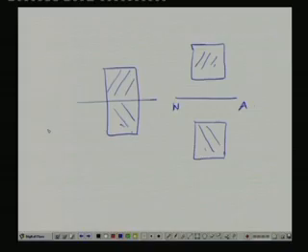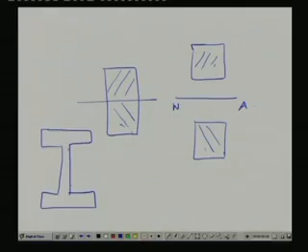One very common type of section used when we consider the bending of beam is the I section. This gives you an idea of how you can calculate the values of bending stresses when the beam is under pure bending.